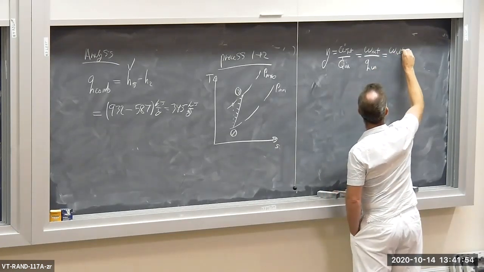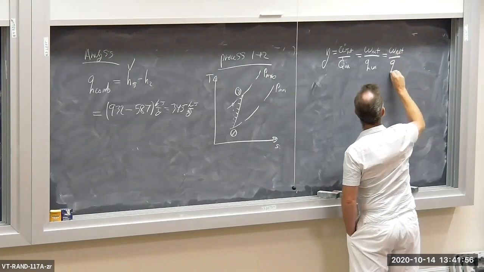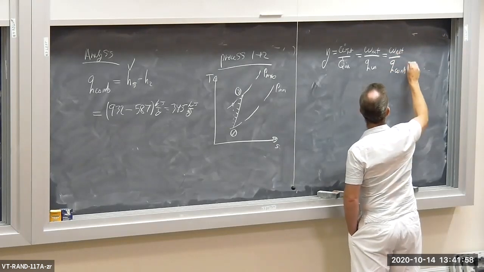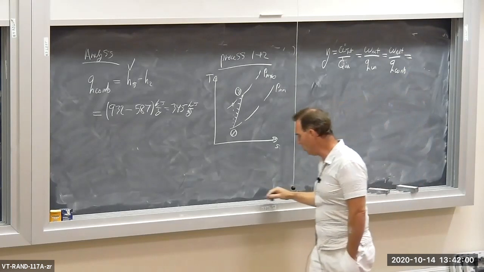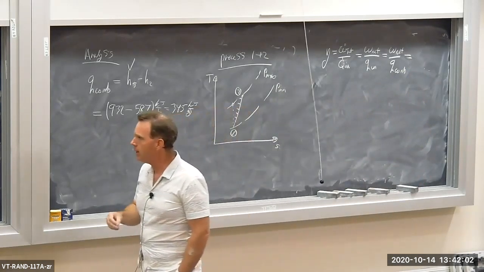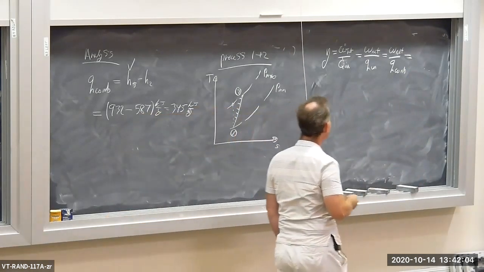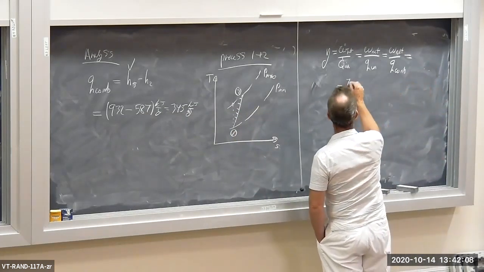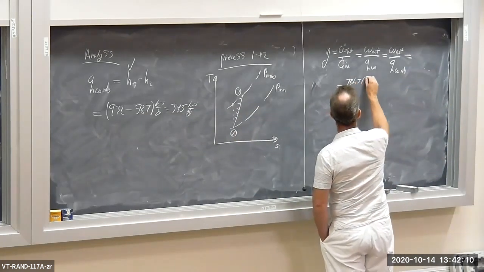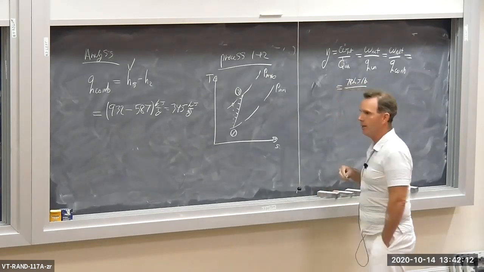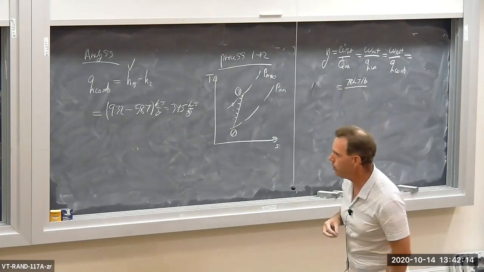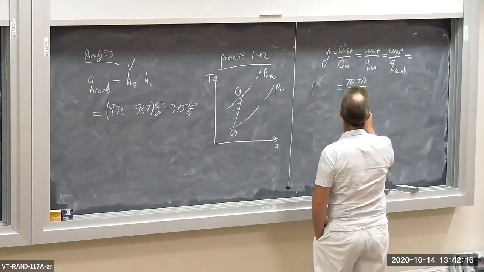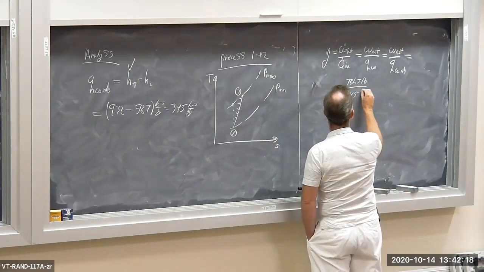What was my W net again? 78 kilojoules per kilogram. And Q combustor was 345 kilojoules per kilogram.